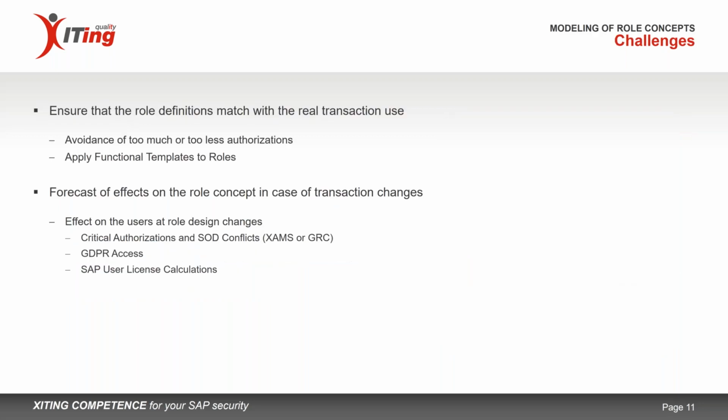All right, so some of the challenges is that typical role design projects tend to over-authorize or under-authorize roles way too much. There's no way to apply functional templates. We provide functional templates with the software, so if you have no idea what your basis role should look like, we can apply a functional template to get you started.